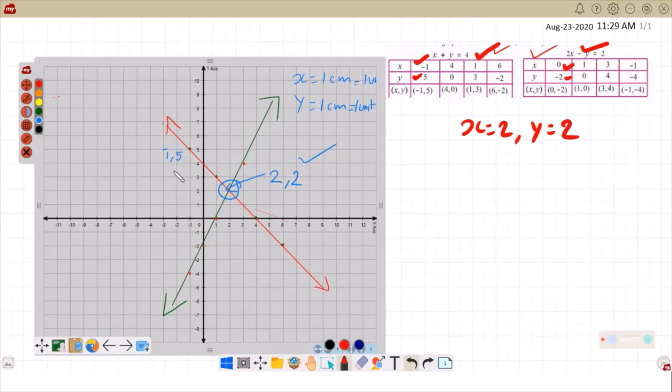Then 4 and 0, this point is 4 comma 0, and this point is 1 and 3, 1 comma 3. Then another point 6 and minus 2, you have to write this.